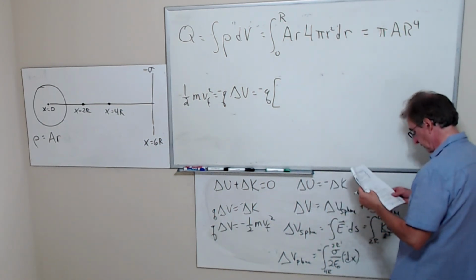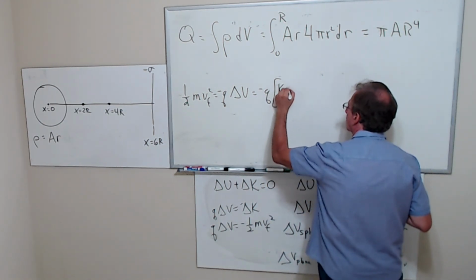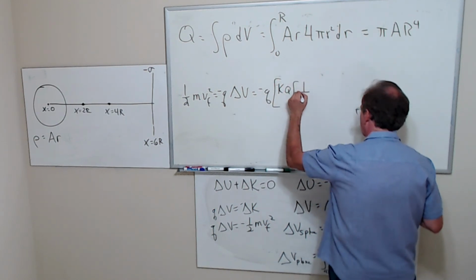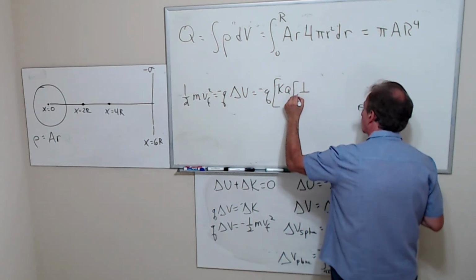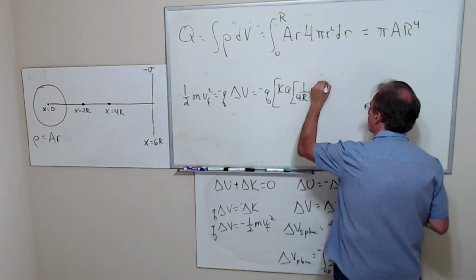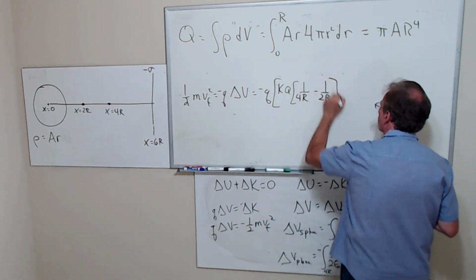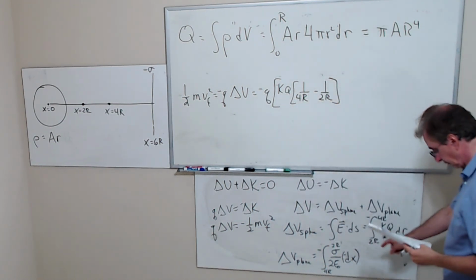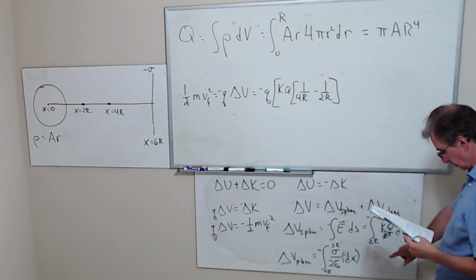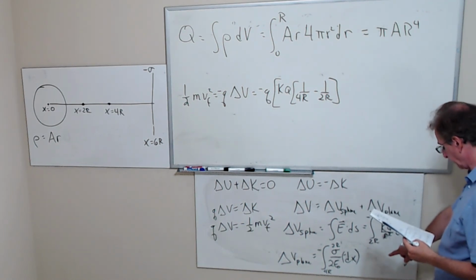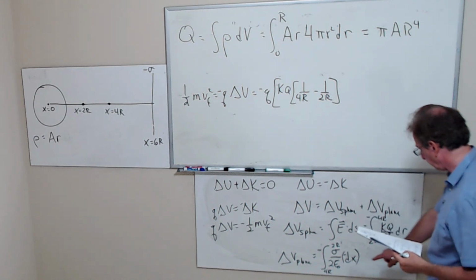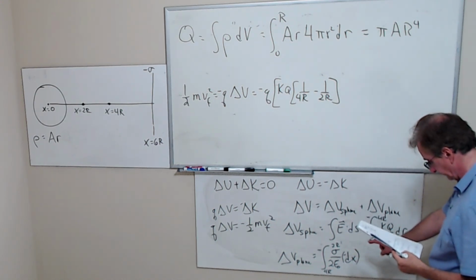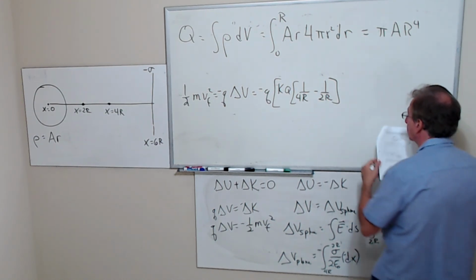And then when I put the limits in, and then for the bottom one, when I go from 4r to 2r, I'll get the following.